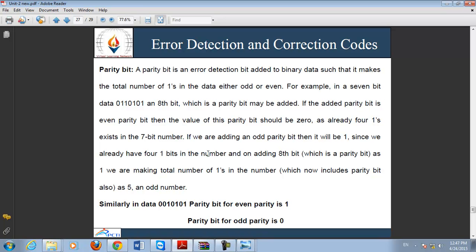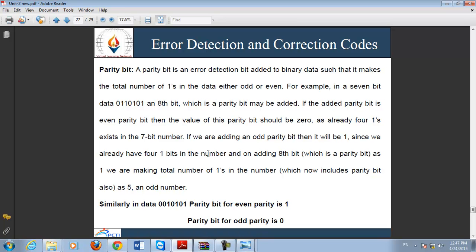Bits means in the form of 0 and 1. If you send 8-bit data or 9-bit data or 10-bit data, and there is a mistake in only a single bit, that is, instead of 0, 1 is sent, or instead of 1, 0 is sent, then this type of error can be detected by the parity bit.